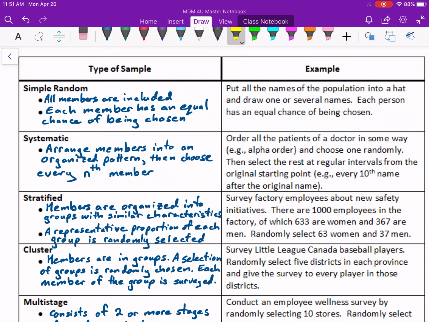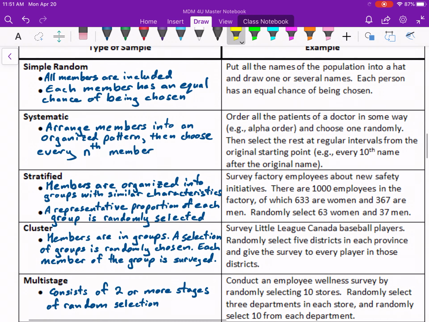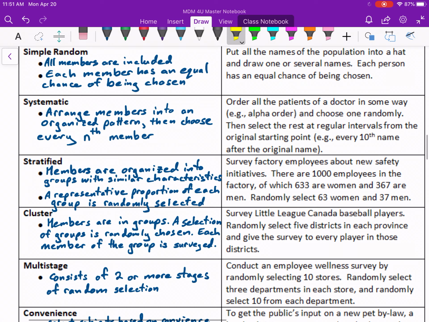A systematic sample. Every one of these should involve some level of randomness, but we just get a bit more fancy with each one. Systematic, what we do is we arrange members into an organized pattern, then choose every nth member. The randomness comes from the fact that we're not picking people specifically.